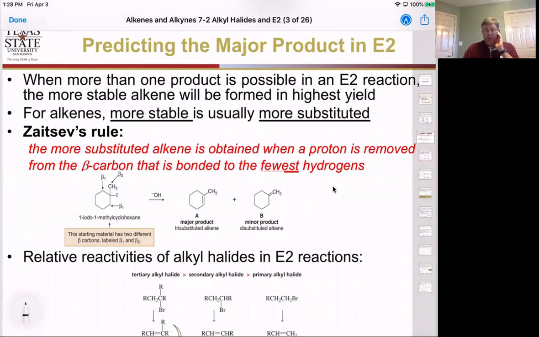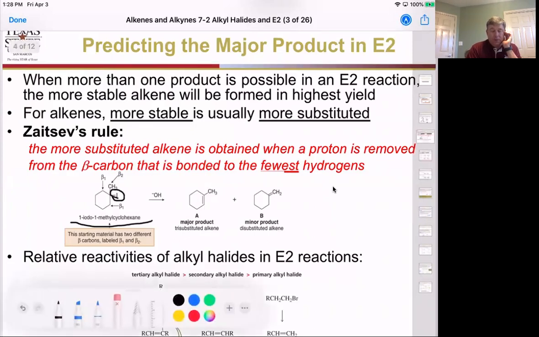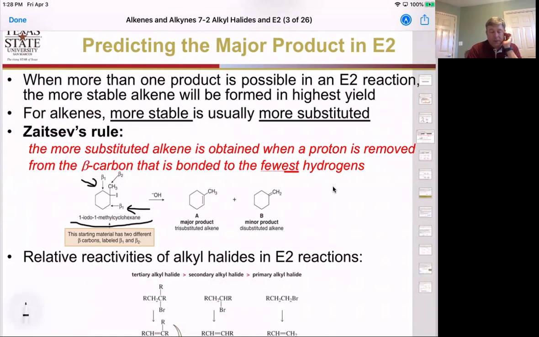In the case of this compound, the iodine is in the tertiary position right here, so we have a choice of a beta carbon with 2 hydrogens on it here, a beta carbon with 2 hydrogens on it here, and a beta carbon with 3 hydrogens on it here. It will not be the major product for the one with 3 hydrogens on it, because it's going to give the least stable transition state.